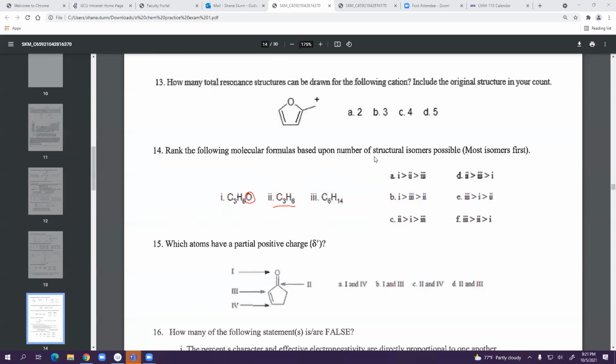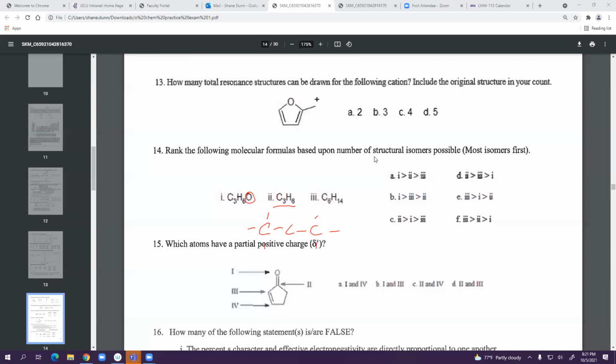Okay, here I got 3 carbons and 6 hydrogens. Is that the normal amount I should have? So 3 carbons bonded to each other, 1, 2, 3, that's what the normal one should look like. Hey, that's not normal, right? I should have 8 hydrogens total, correct? So it means I need to have a double bond somewhere.